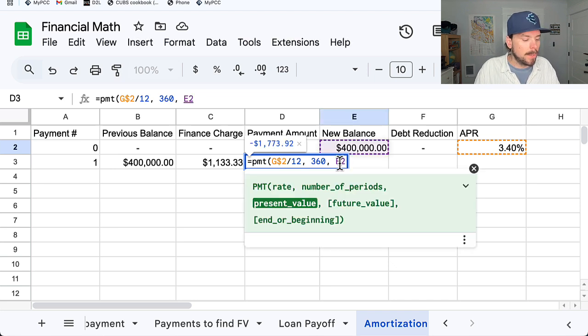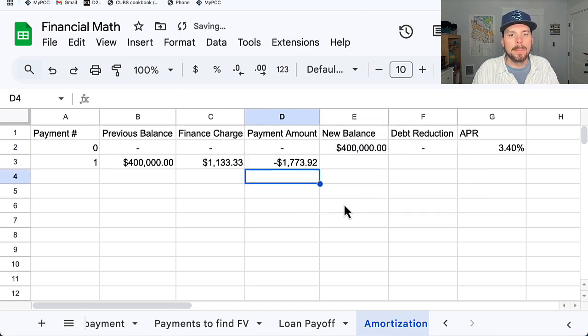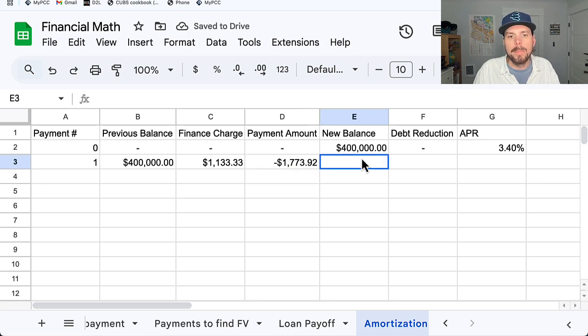I should have that first. Use that $ sign. We want to just tie it to that very first beginning new balance, and the future value 0 to pay off the whole thing. There's my payment amount. That is going to be deducted. I'll actually leave that as negative this time.